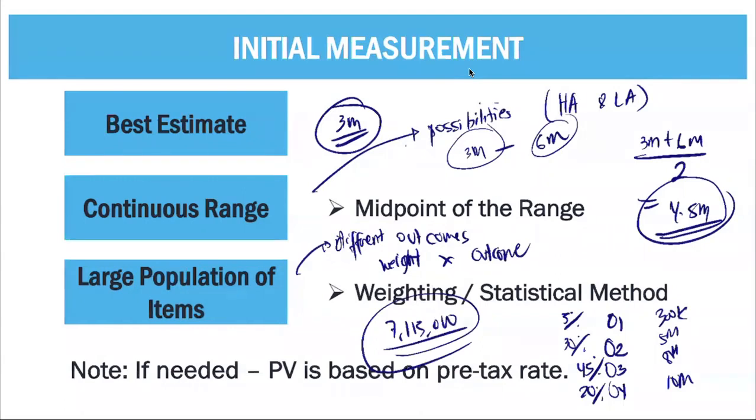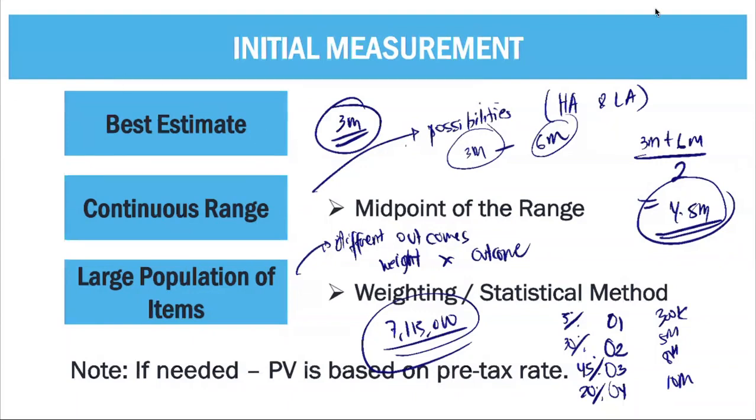Okay, general rule. How do we measure your provision? We get the best estimate. And what is the best estimate? The best estimate is the amount that best results in the measurement of our provision. So if the problem tells you that the best estimate is 3 million, then the best estimate is 3 million. Now, what if there's no best estimate?